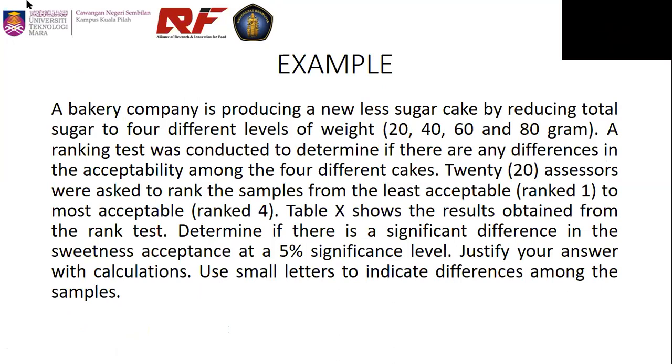So this is the example. All right. In this example, the company wants to produce a new less-sugar cake. Okay, they want to reduce the sugar inside the cake formulation. So we have 20, 40, 60, and 80 grams. Altogether, they have 4 formulations.